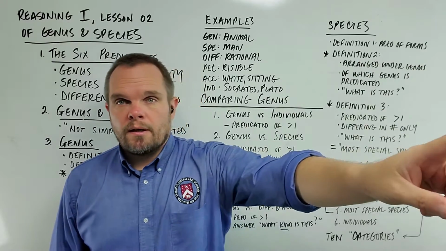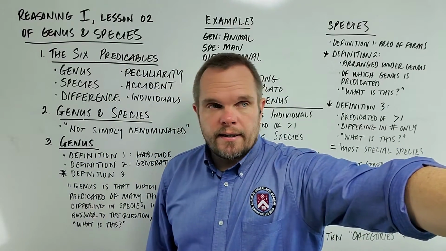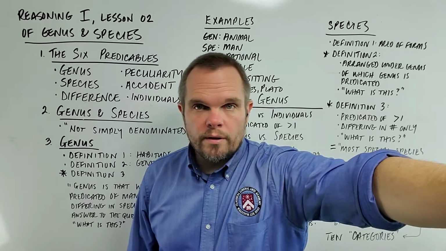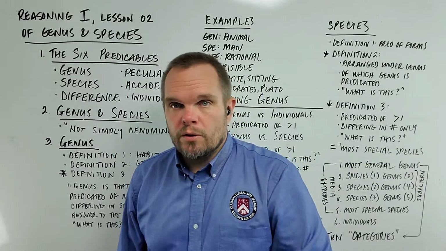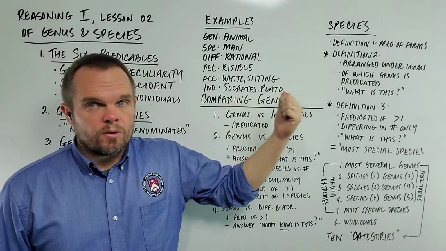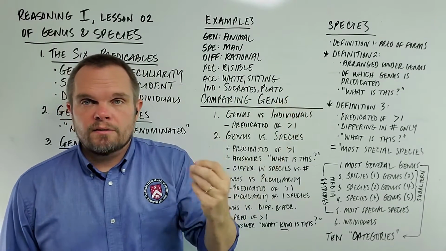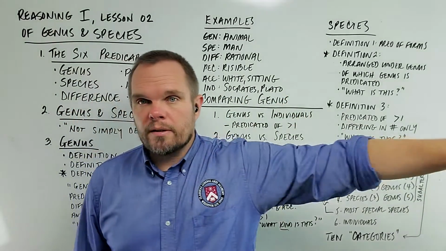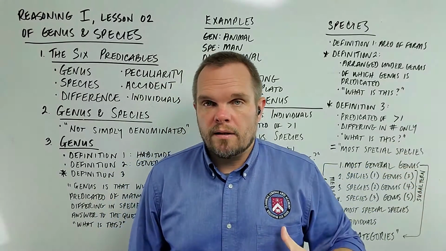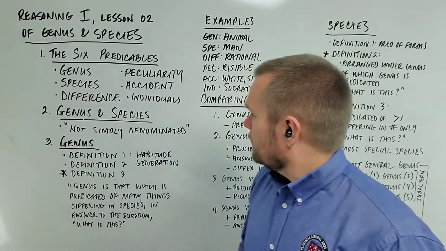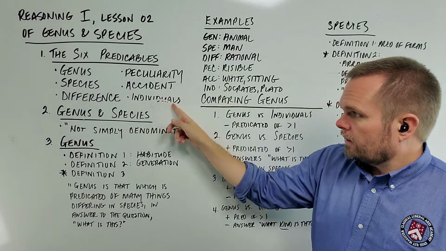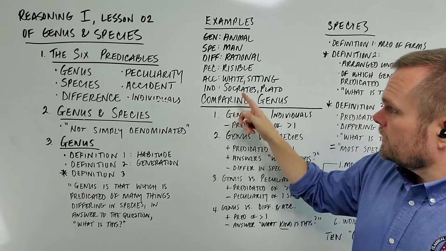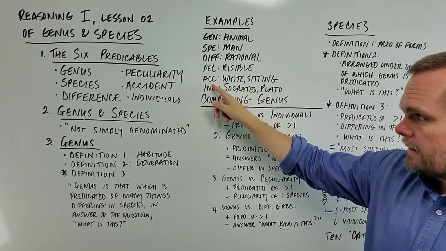We can't look at anything else and say that is William Michael, because there's only one. There's only one Socrates, only one Plato. Individuals cannot be spoken of anything else but themselves. All right? That's an example of an individual.